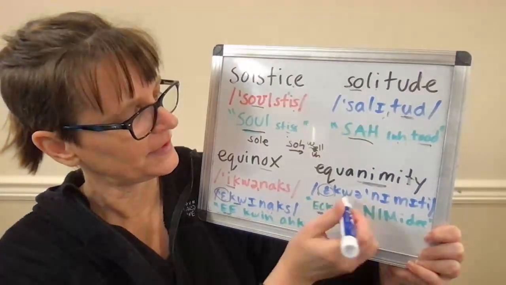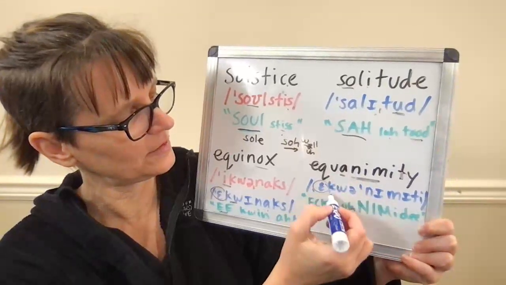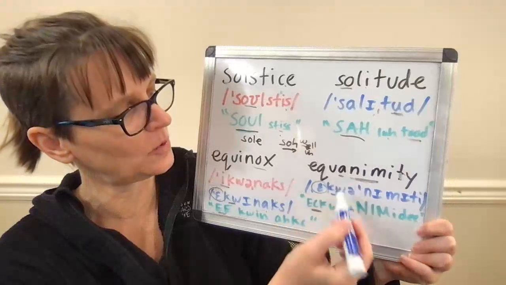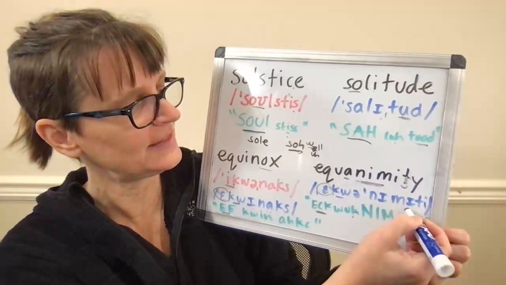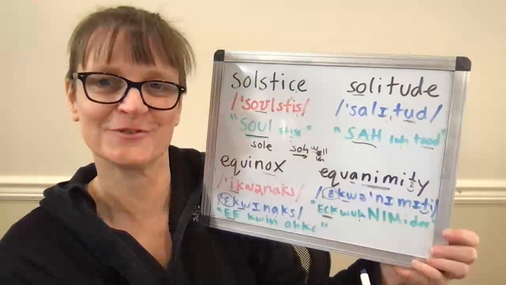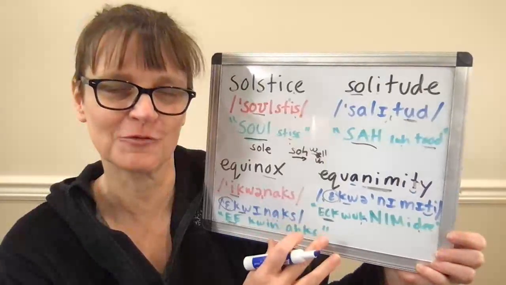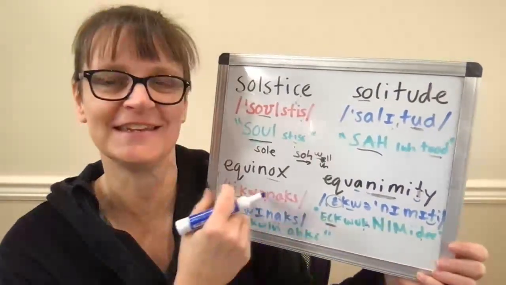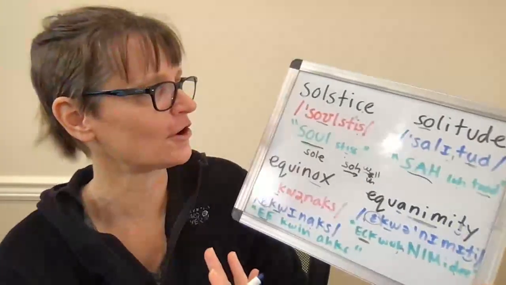So we have the schwa sound for this letter A here. Still our qua sound, equa, nim. And then we have our itty ending. In this case, our T does turn to a flap between two vowels, so it sounds a little more like a D. We do have a lot of words in our Word of the Day playlist that end in itty, and some extra practice materials for that on speechmodification.com.